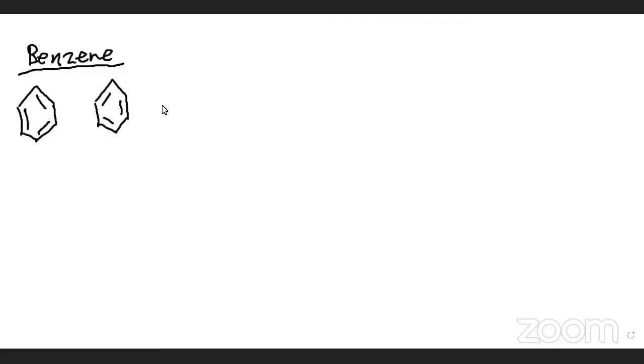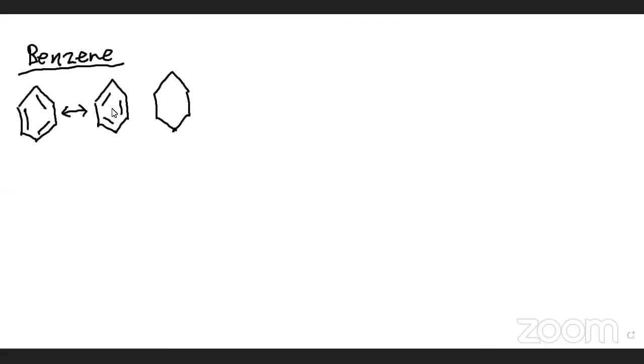Now, if you look in some books, you should see it in every textbook. These two structures can be used to represent benzene. If you notice, for this one, the double bond is here, here, and here. But in this one, it's in the other places.